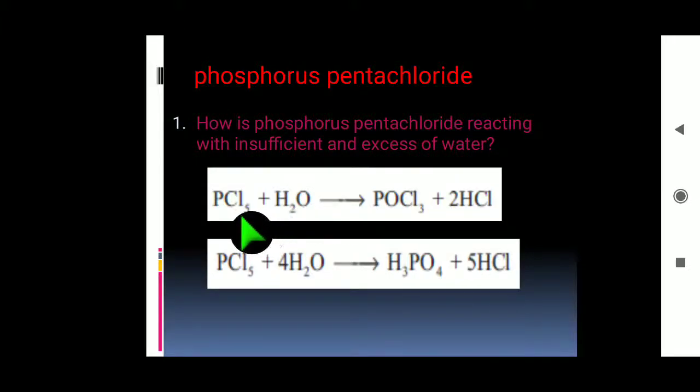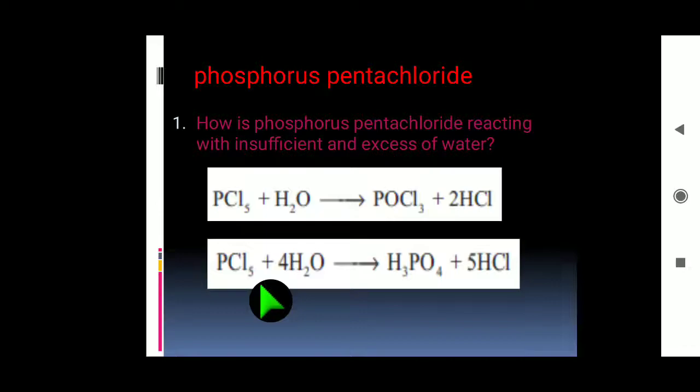Here, on the left side we see 5 chlorine. So in front of HCl, we write 2. 3 plus 2, 5 chlorine. The hydrogen, left side 2, right side 2. Oxygen left side 1, right side 1. This equation is balanced.